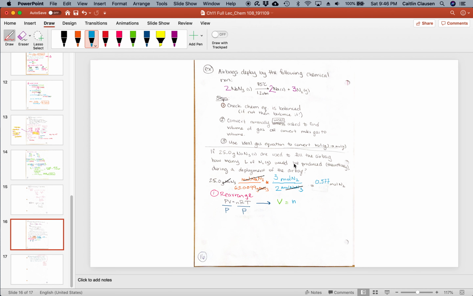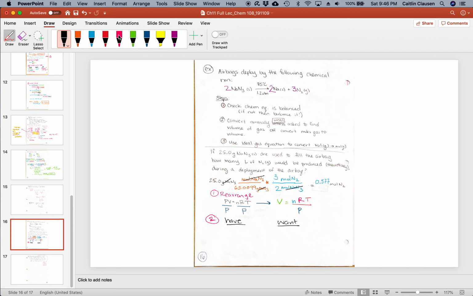Moles, gas constant, temperature, and pressure on the bottom. Cool. Step 2. What do we have? What do we want? And what is R?